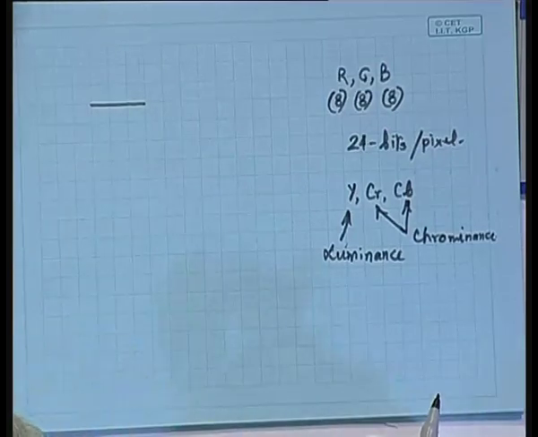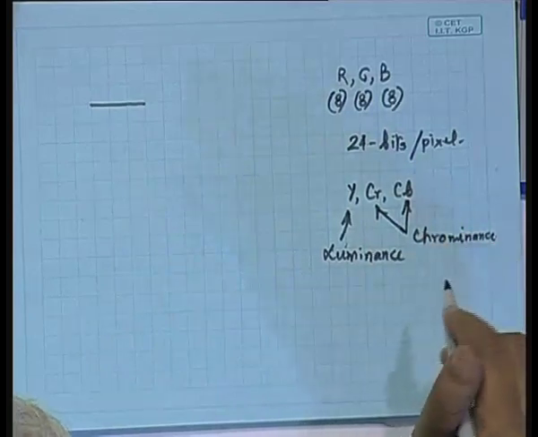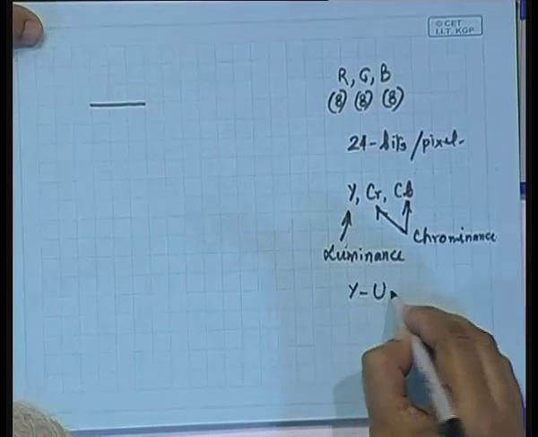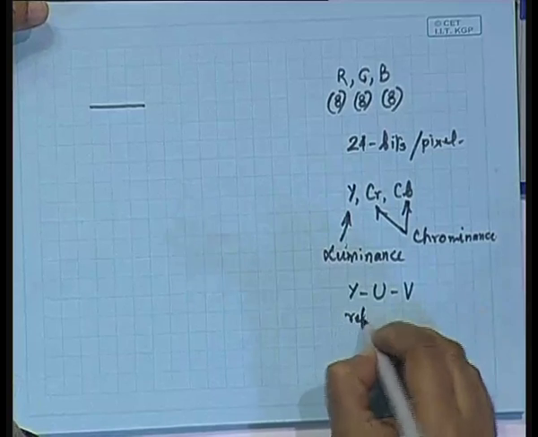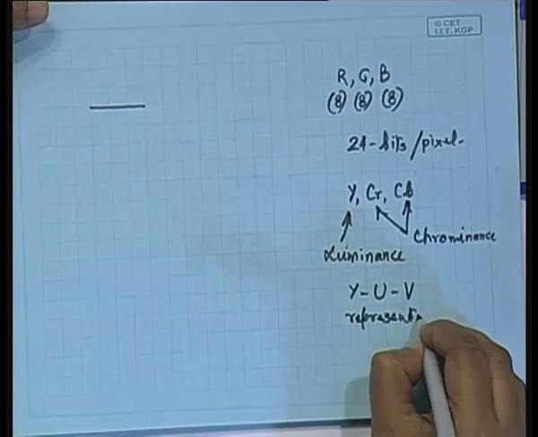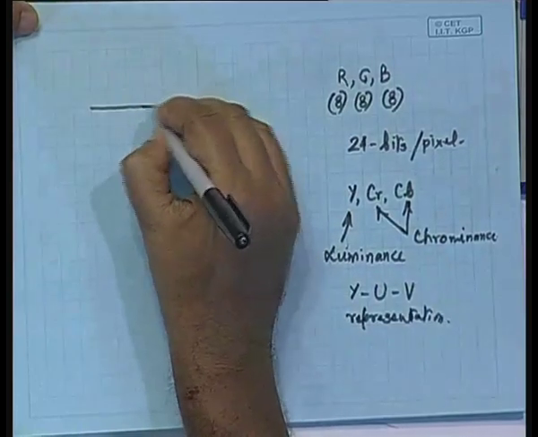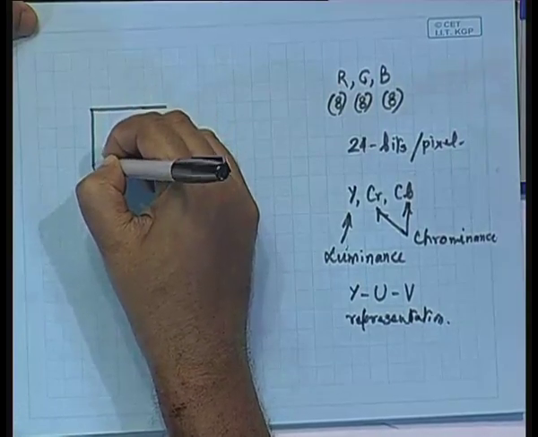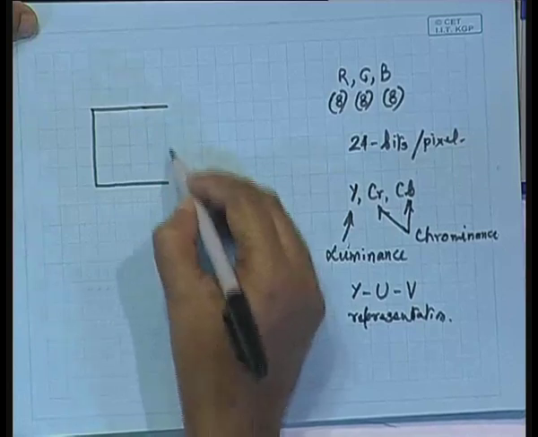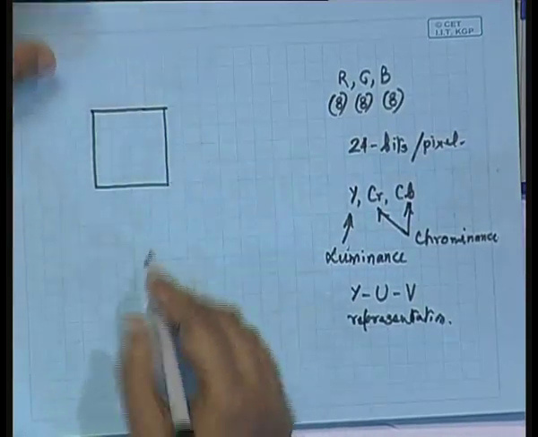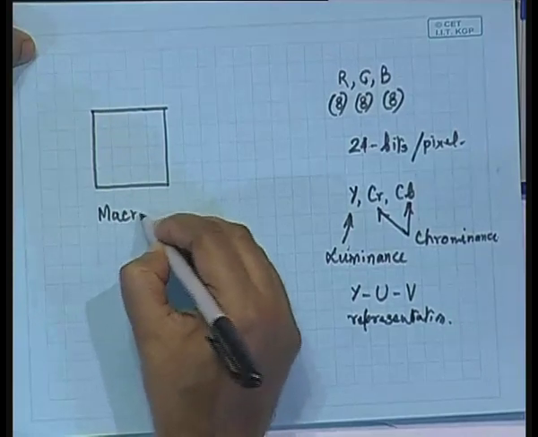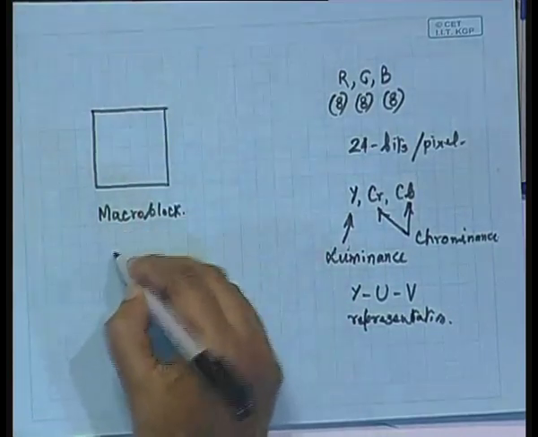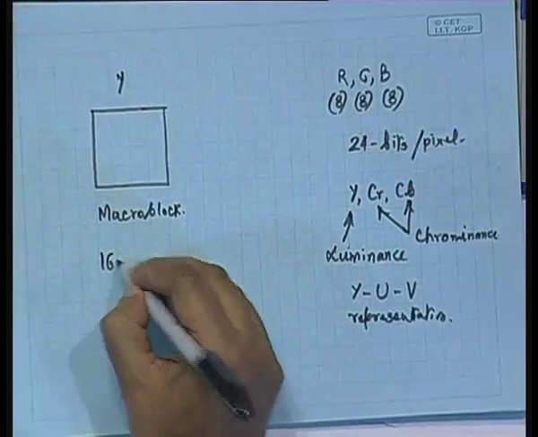This representation is sometimes referred to as the YUV representation. In YUV representation, we take a 16 by 16 block size, a group of 16 by 16 pixels, which we call a macro block. Every macro block will consist of a luminance part of 16 by 16 pixels.